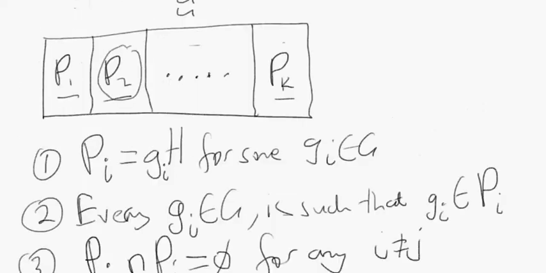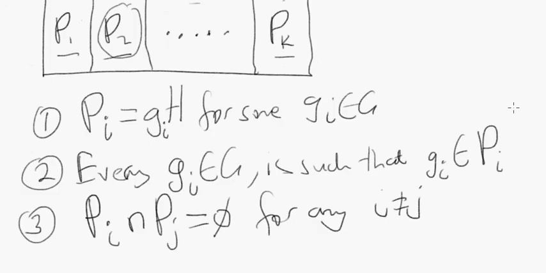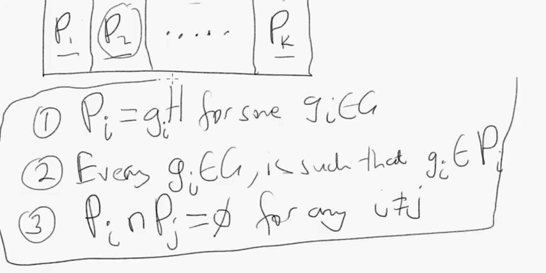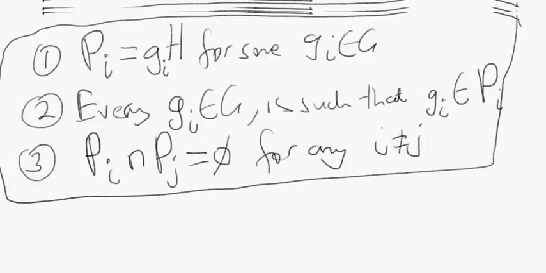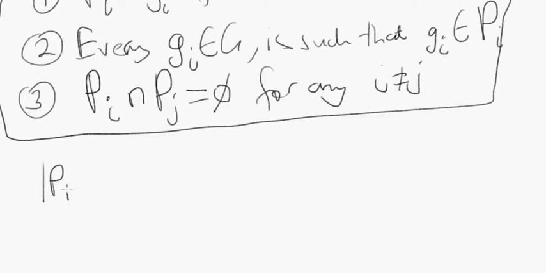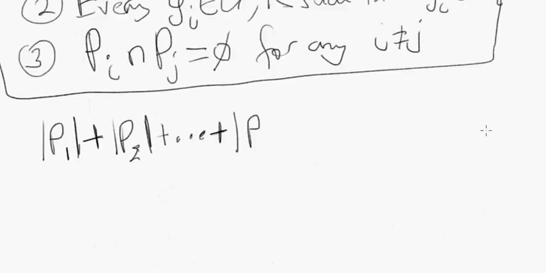And the idea we came up with last time was that if we can actually prove these three conditions, we would be able to conclude that the cardinality of the first partition plus the cardinality of the second partition, and so on up to the cardinality of the kth partition, since we had k partitions, is going to end up giving us just the cardinality of G.